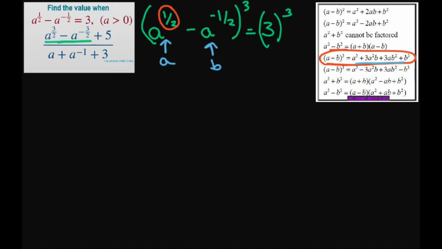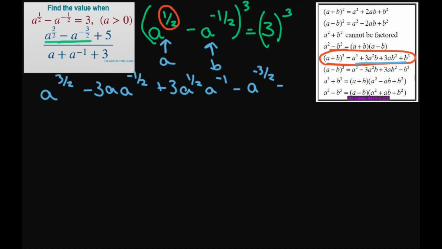So you just fill in this formula, and this is going to give you a to the power of 3/2 minus 3a times a to the power of negative 1/2 plus 3a to the power of 1/2 times a to the power of negative 1, then minus a to the power of negative 3/2 equals, we'll go ahead and put just 27 here for that.